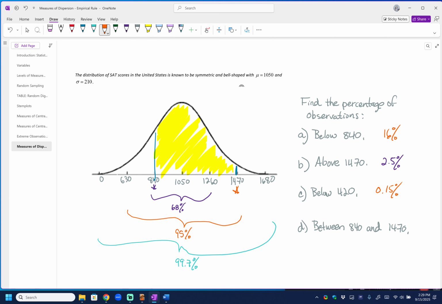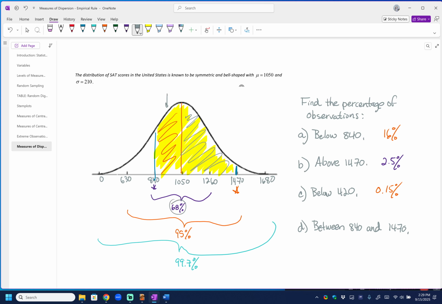But the key, for me again, is all you really have to do is figure out what this is, and figure out what this is. And I claim we've kind of already done that, because this region right here is half of our 68%.